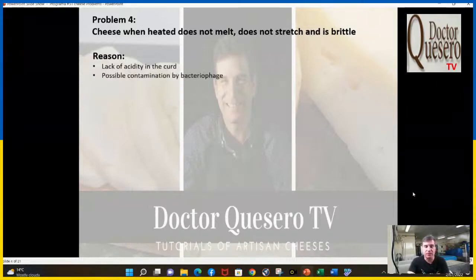Okay, so that's one reason. Another reason is that you have a possible cross contamination with something that we call bacteriophage. I have explained it many times: sometimes there are viruses in the milk.